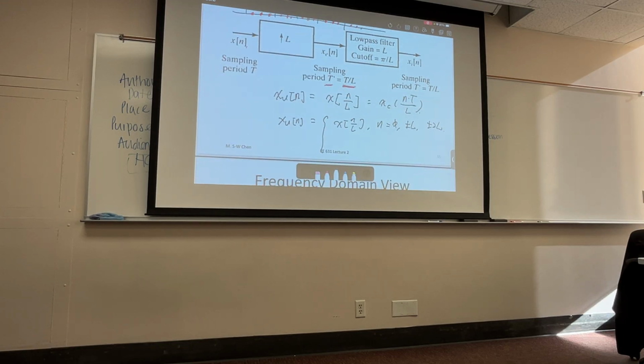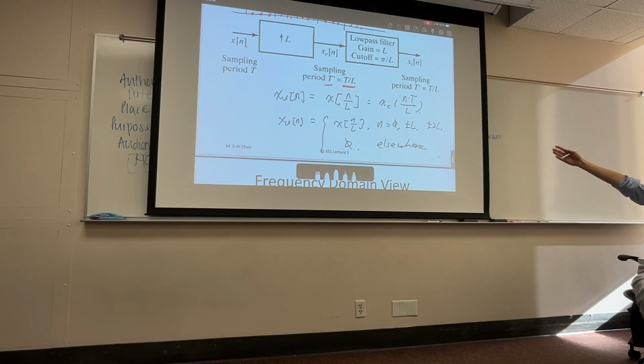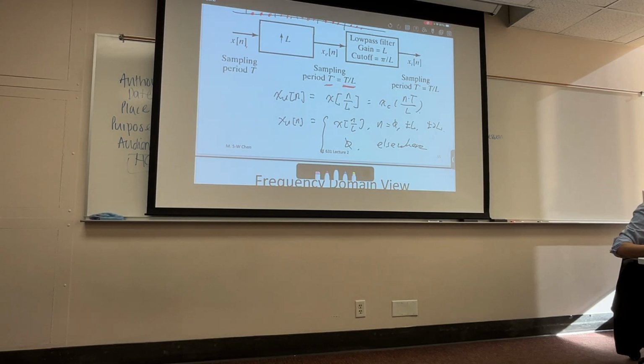But in between they are all zero, elsewhere they are all zero. Mathematically, this is how you express this. Only when n is an integer multiple of capital L do you have these samples. Otherwise, you are all zero.